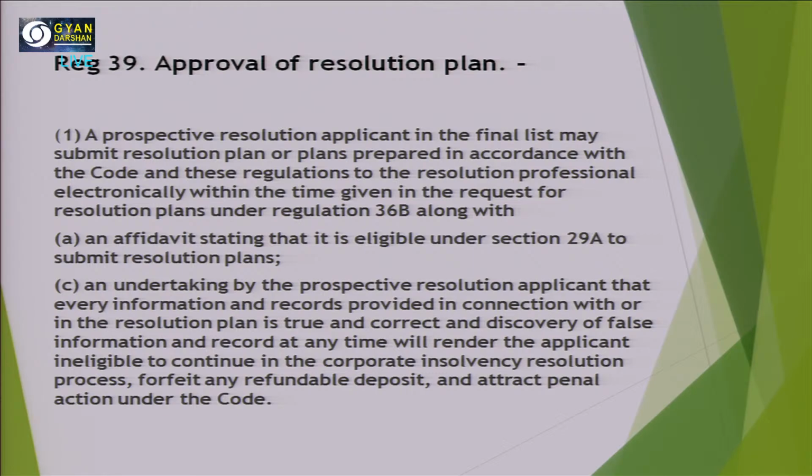He has to give an affidavit under 29A and also an undertaking by the PRA that all the information and records provided in connection with the plan are true and correct, and discovery of any information or record at any time which is wrong or incorrect will render him ineligible, and his refundable deposit will be forfeited, and also he will be liable for criminal action, penal action under the concerned laws.